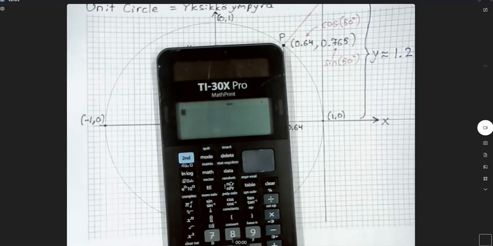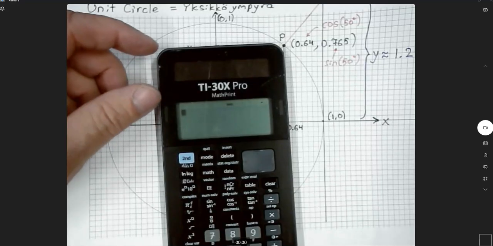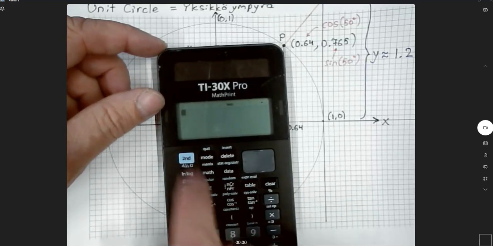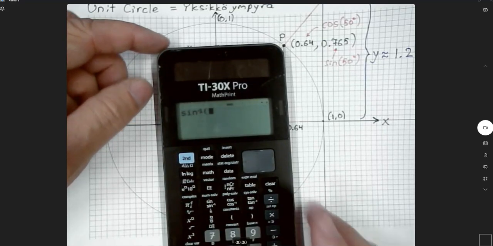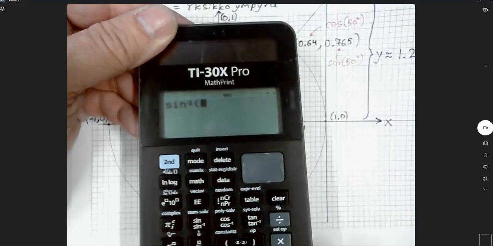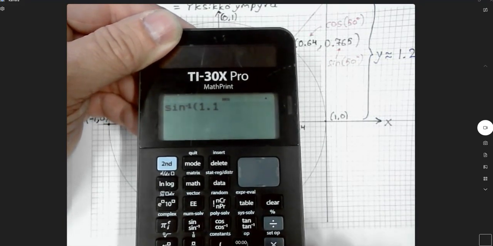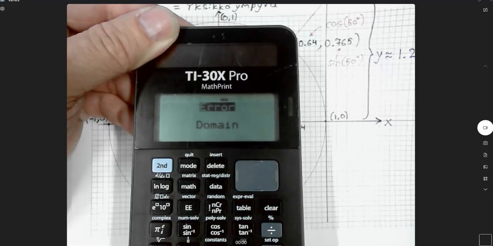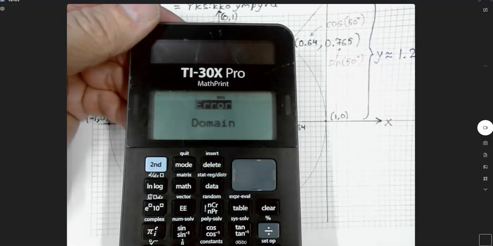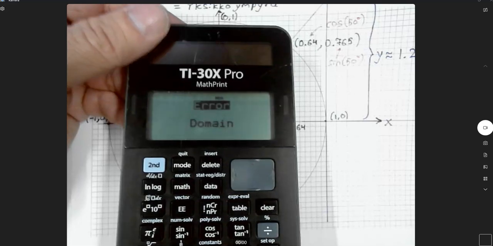If I try to find out the value of an angle whose sine would be, for example, 1.1, I would take the inverse sine of 1.1, and the calculator gives us an error message, domain error.